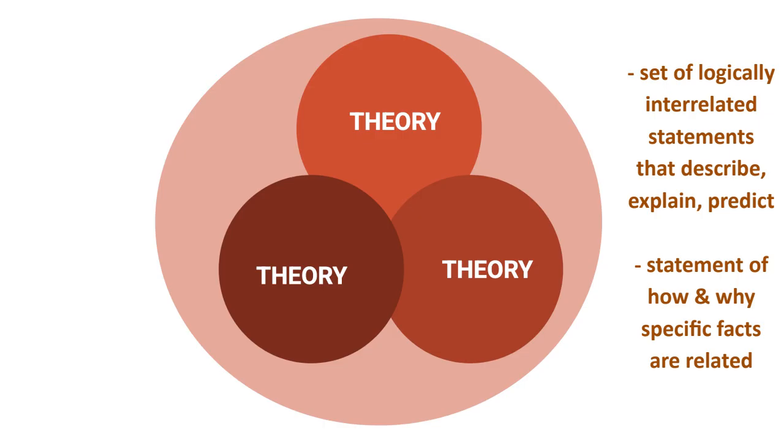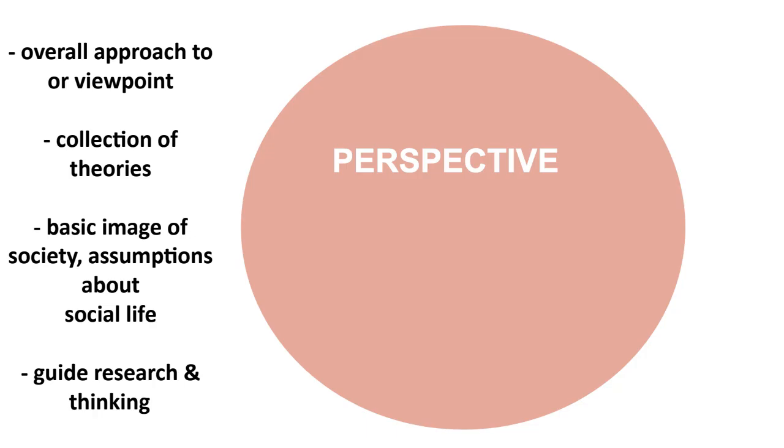So there are multiple theories that exist out there, but a bit larger in scope than a theory is what we call a perspective. A perspective is an overall approach to or viewpoint on some subject. A perspective would be like a roadmap of sorts. A perspective also is a collection of theories that share some basic image or understanding of society, or assumptions about social life that guide thinking and research within those theories.